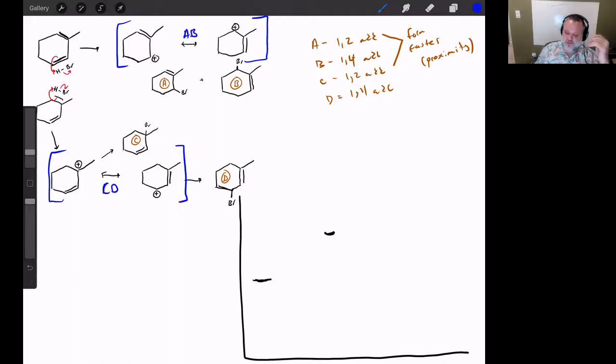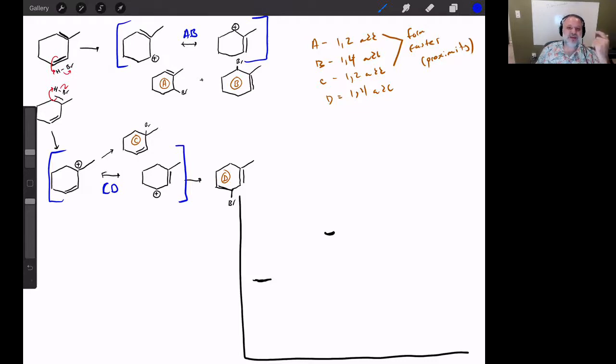Okay, let's take a look. How would you decide? Well, you could look at the number of substitutions in the double bond that's still there. In the AB, you've got 3 substitutions in both versions of the resonance structure. And in CD, you've got 3 substitutions in one version, but only 2 in the other. However, in CD, you have tertiary and allylic cation on one and secondary and allylic on the other.